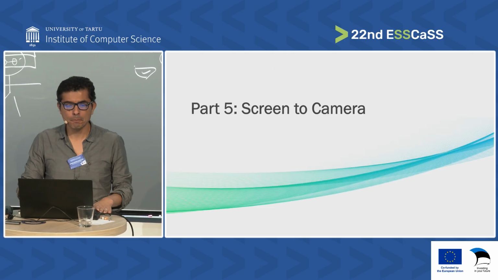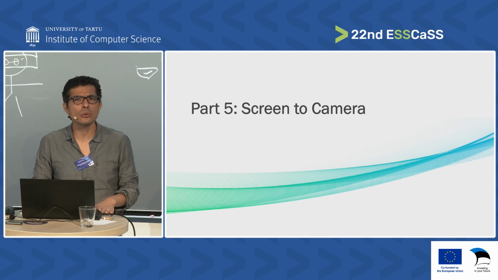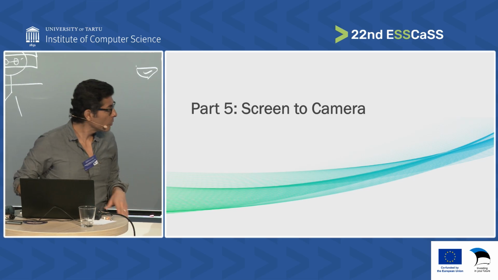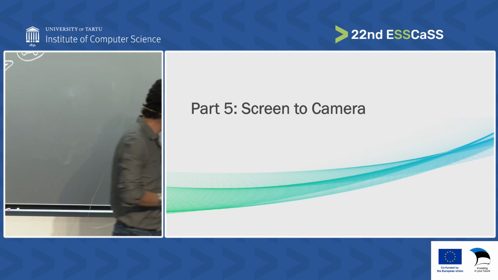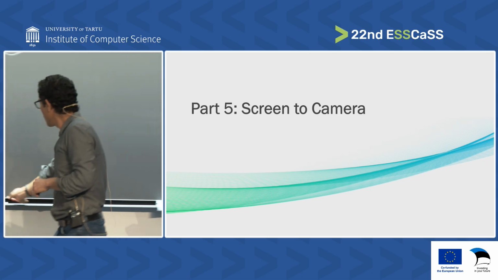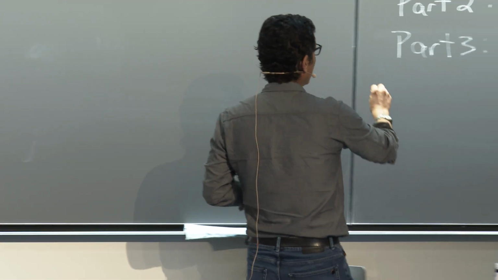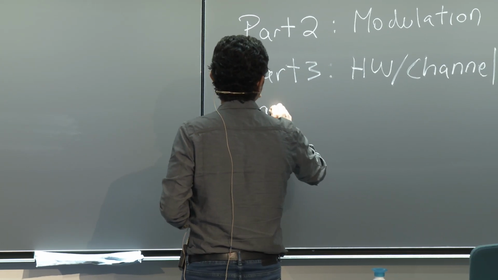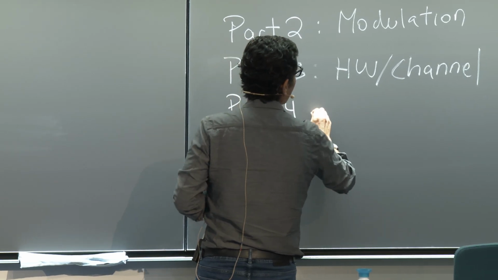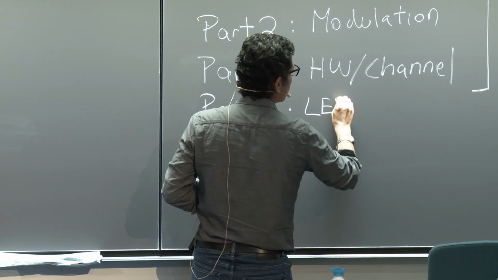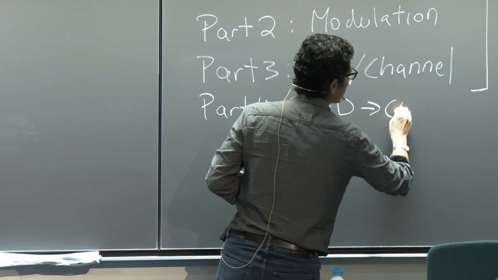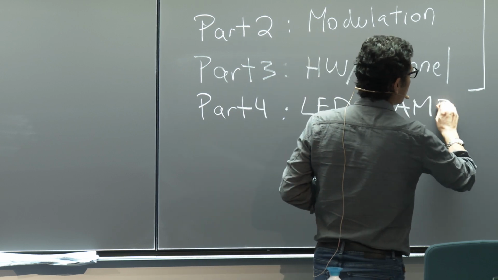Good. Now let's go to part 5. So we had part 1, part 2, part 3, part 4. Part 4 of this lecture was using the LED to the camera, not to the photodiode.